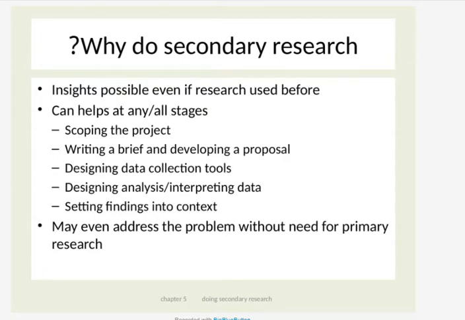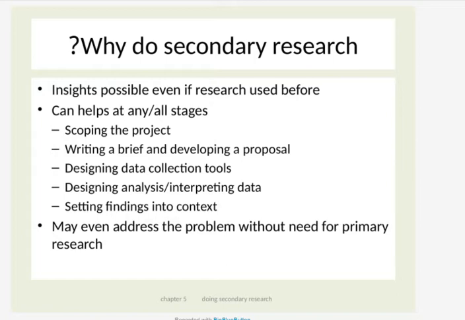Now, why do we do secondary research? Why do we sometimes gather secondary data? Because in all types of research, we depend on or at least benefit from the secondary research stage. يعني so in every kind of research project we must depend on secondary research.